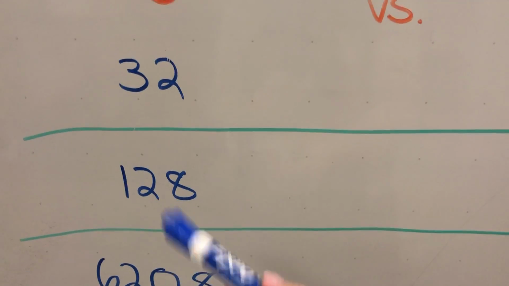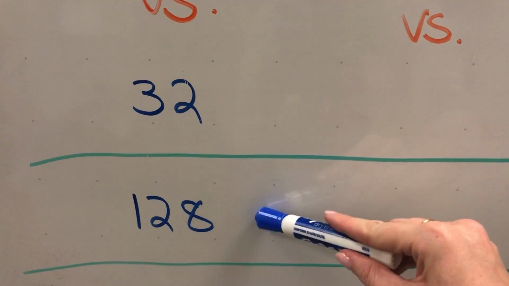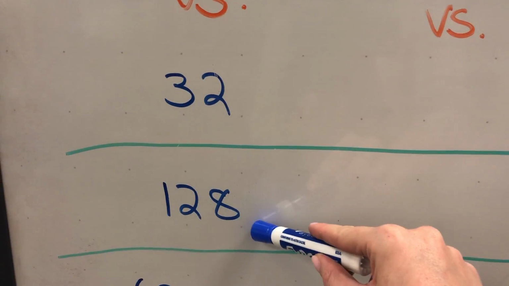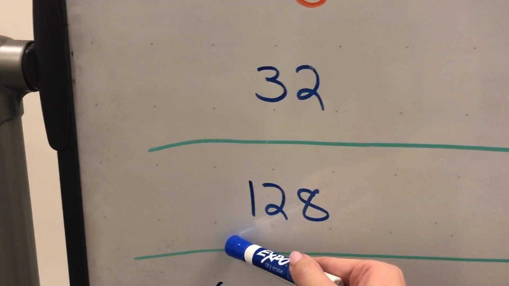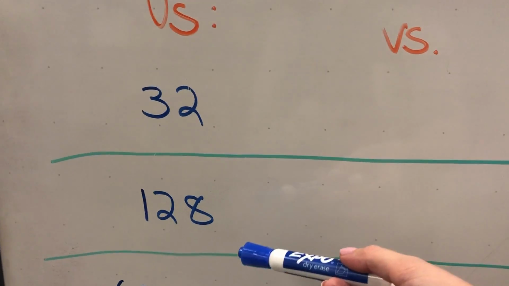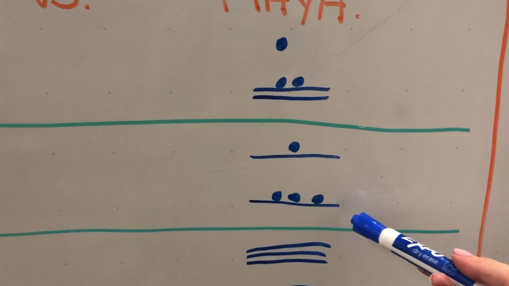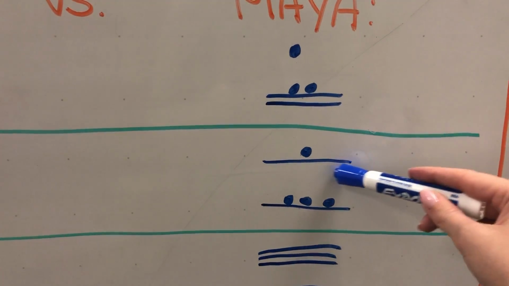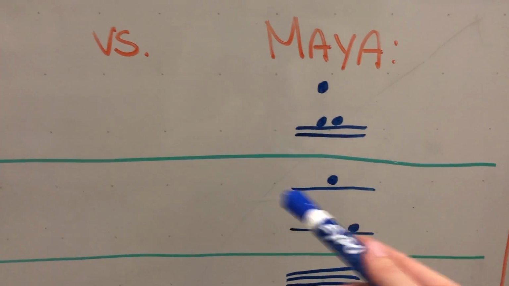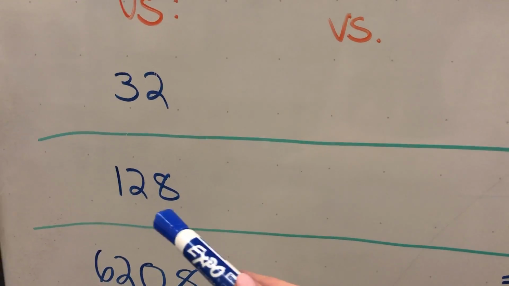Because the Maya system goes 1, 20, 400, this number is over 100, so we have 3 levels in ours, but it's not over 400, which means there are only 2 levels in the Maya system. We've got our ones down here, and then our 20s up here, which represent this number over here.